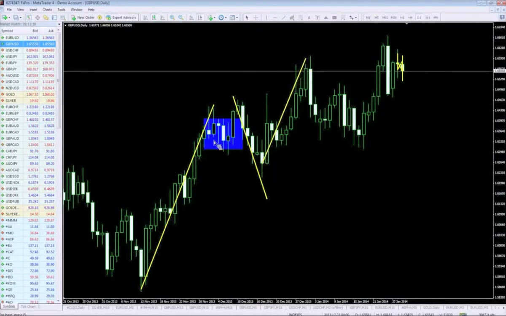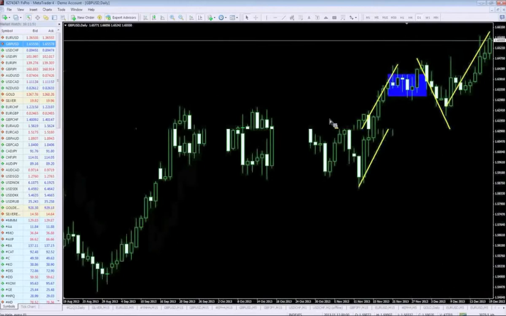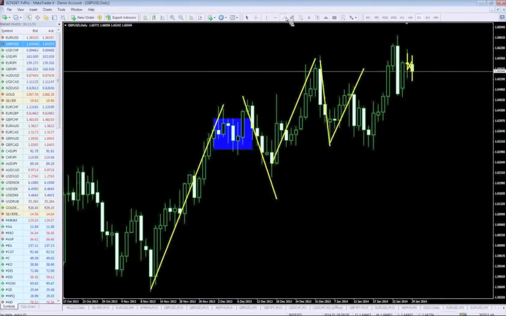One candle, bam, we're out of here. And then we had another instant reversal, back to back, bam, we're out of here. And then we had another uptrend, and then another downtrend. So you see, these things exist in all markets.